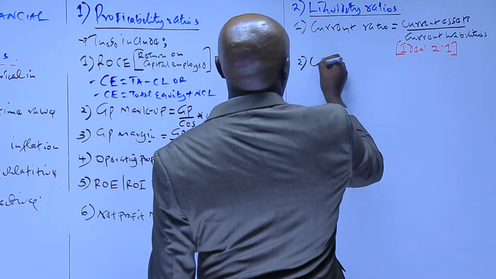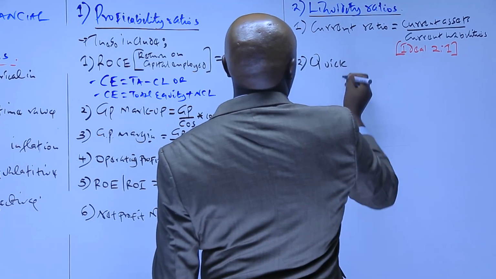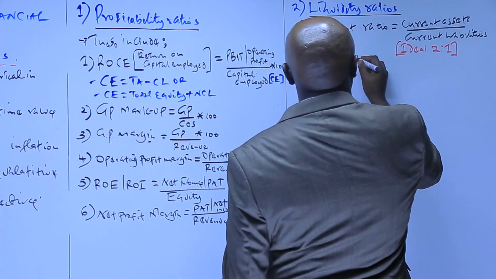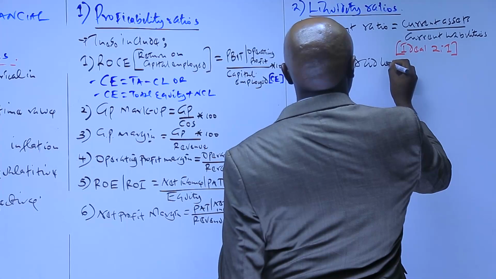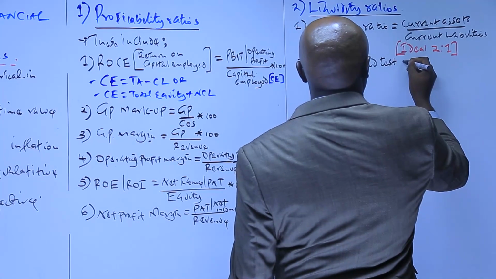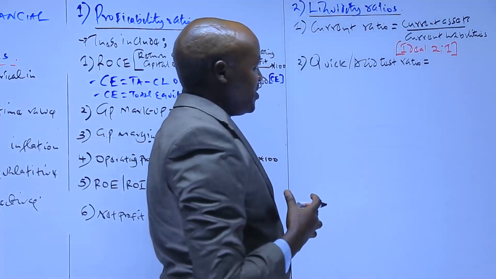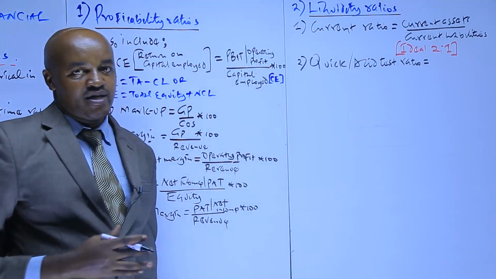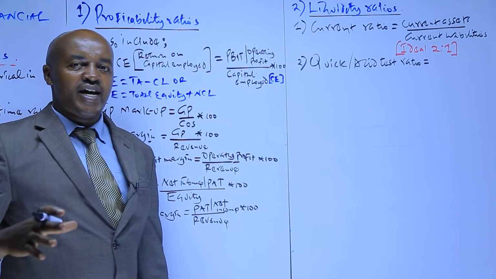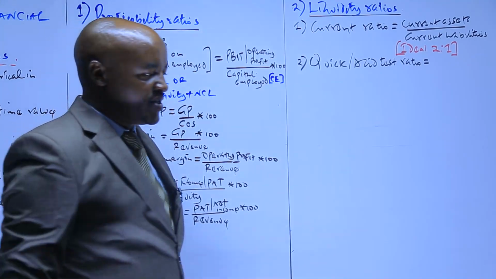Then we have the quick ratio, which is also known as the acid test ratio. This ratio is computed to determine the ability of the company to pay short-term debt as and when they fall due using the highly liquid current assets.